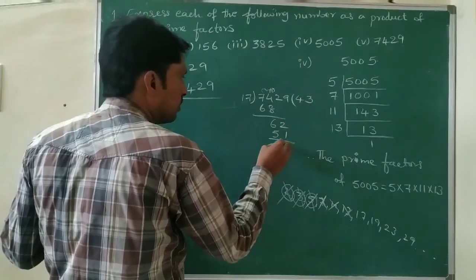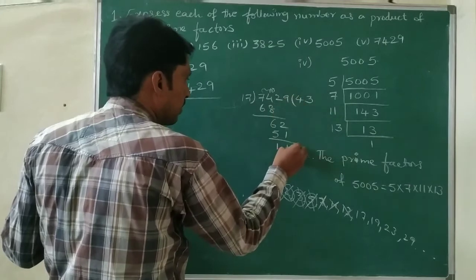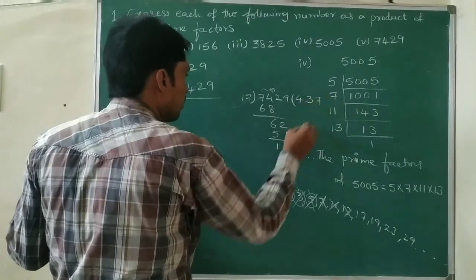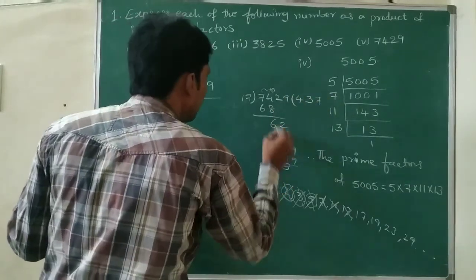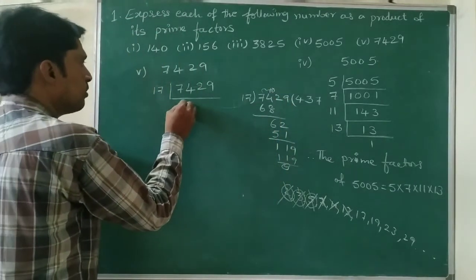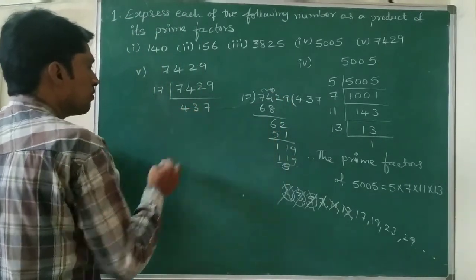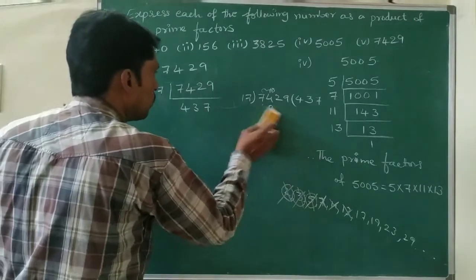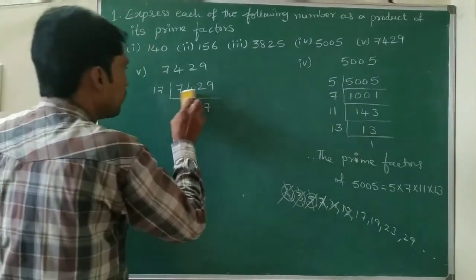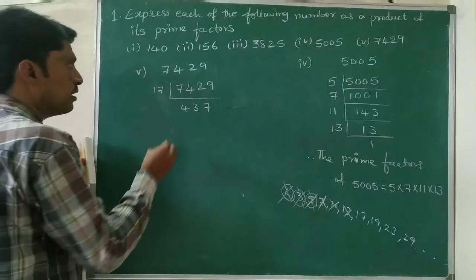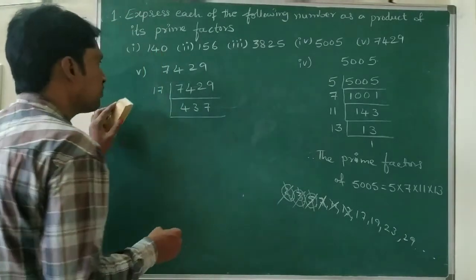Now here 1 and here 1. This 9 as it is. 17 7s are 119. Means it is possible. So 17 437s are 7,429.